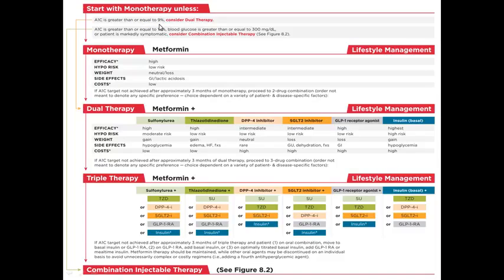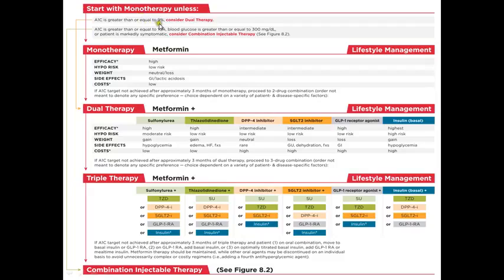If it is more than 9%, then you have to consider dual therapy. Or, if the A1c is more than or equal to 10% and the glucose levels are more than or equal to 300, or the patient is markedly symptomatic, consider combination injectable therapy. That is insulin or non-insulin injectable therapy you have to think of.